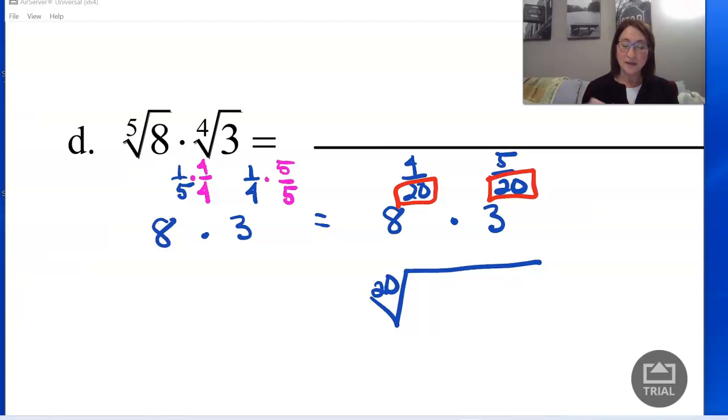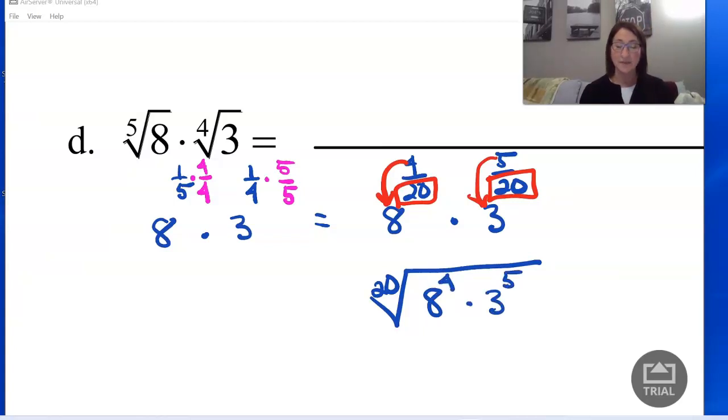Then this 4 becomes the exponent for 8. The 5 becomes the exponent for 3. So I have 8 to the 4th times 3 to the 5th. The numbers are crazy large. We're just going to leave it like that. That is super cool.